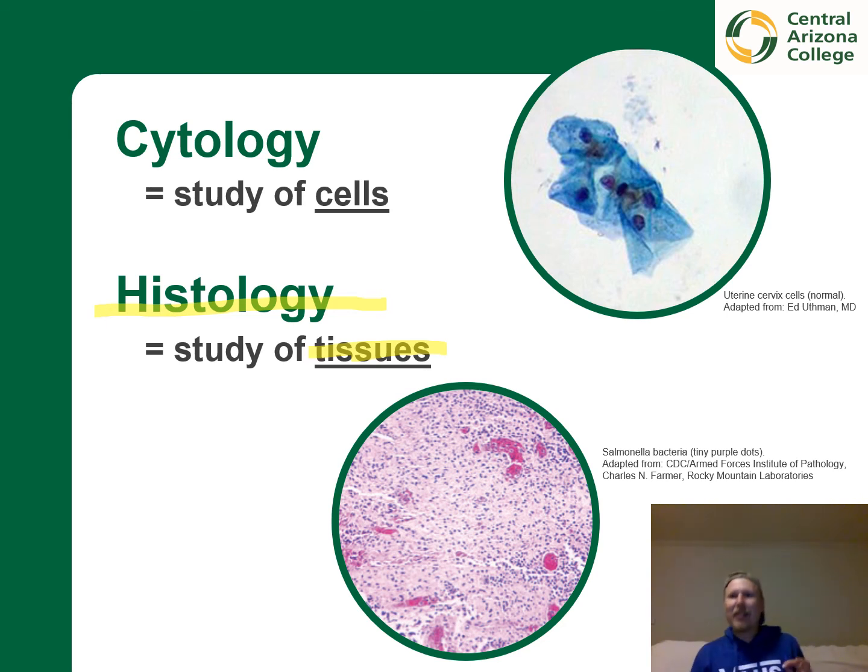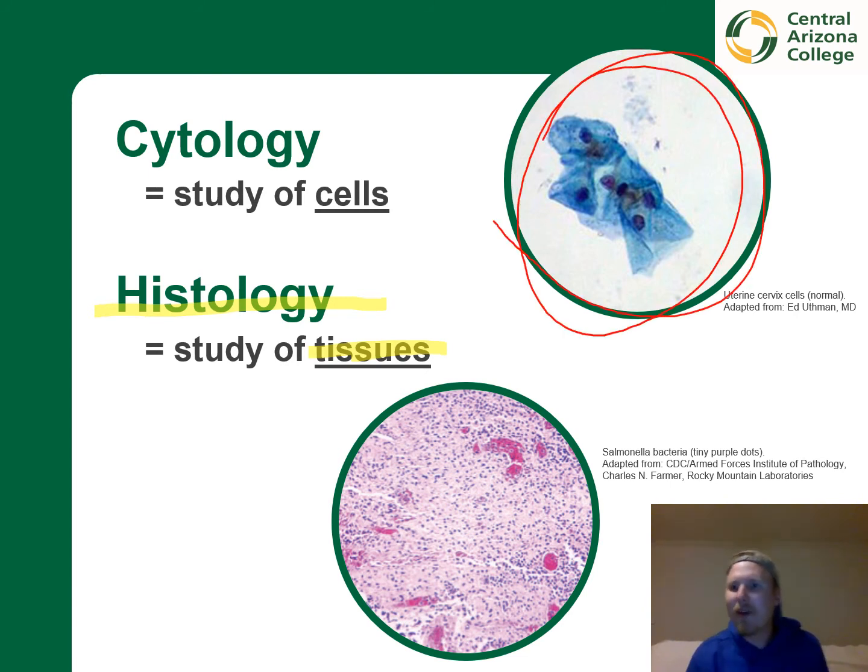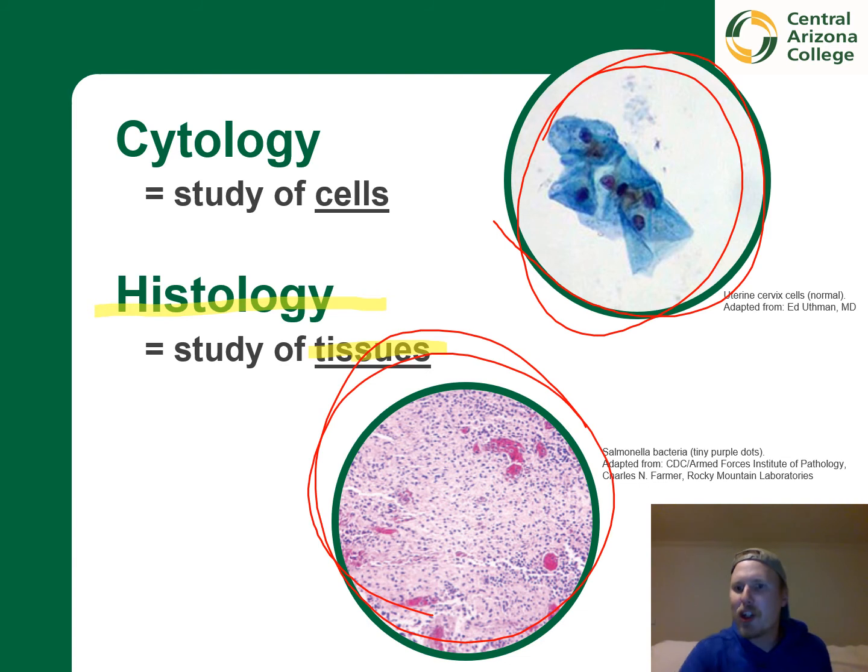And in case you were wondering what we are seeing here, for the individual cells, we see a normal, healthy uterine cervix cell from a pap smear, and for the tissues, Salmonella bacteria, which show up as these tiny purple dots. But that is not something that I would expect you to know. I just think that it is nice to know what you are looking at.